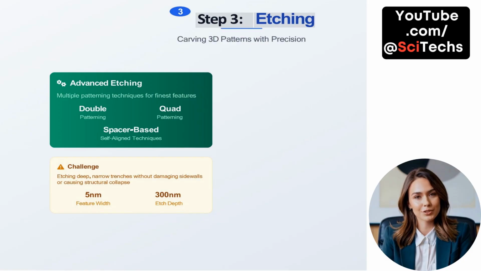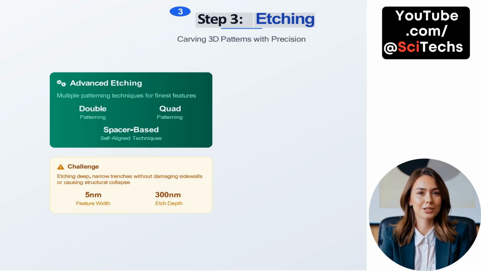Quad patterning pushes this further by splitting the design into 4 separate exposure steps, enabling even smaller features. Spacer-based techniques, especially self-aligned methods, further enhance precision. These use deposited spacer layers to define features with sub-lithographic dimensions, offering tight control over pitch and placement.